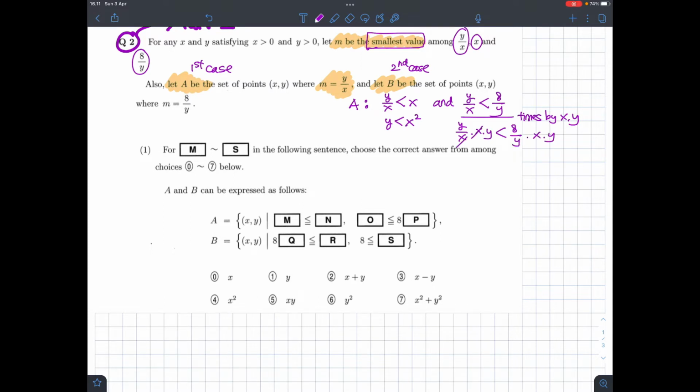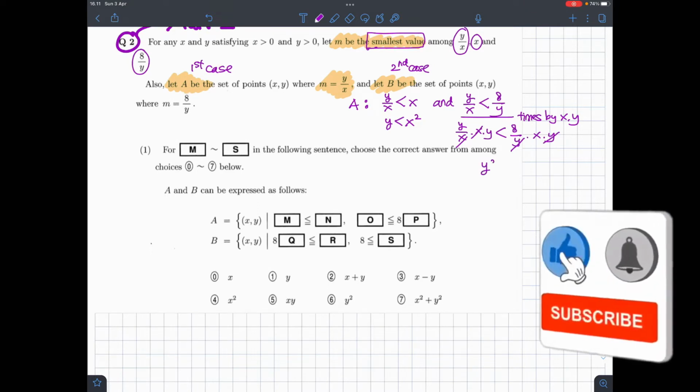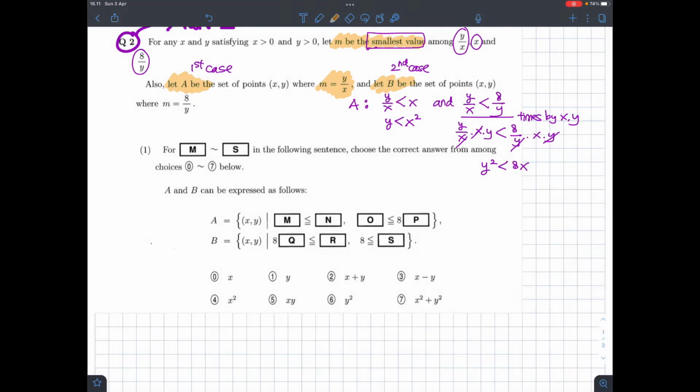We cancel this part and this part, so we get y times y squared, which is less than 8x. So look at this part in case A. Here you just input y for this, x squared for this, y squared for this, and x for this.